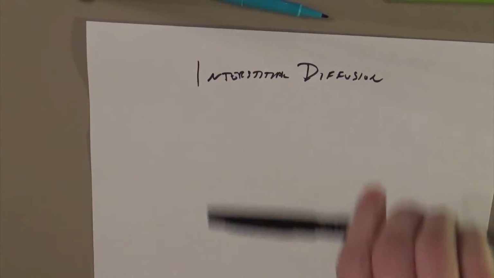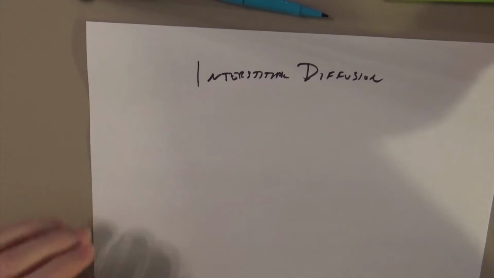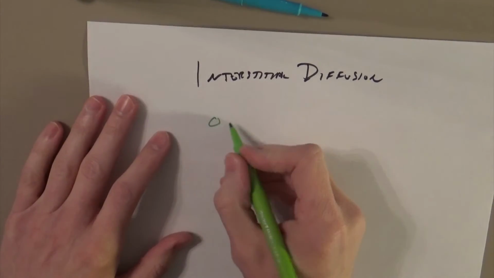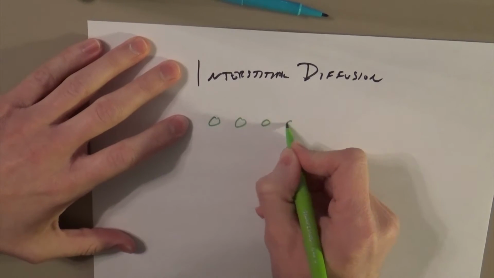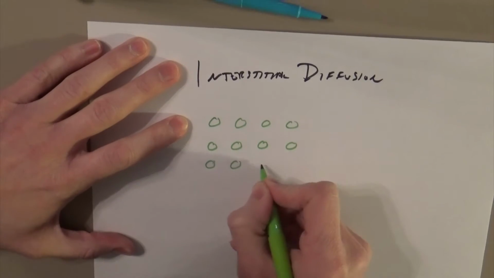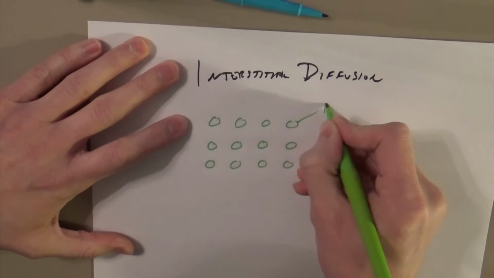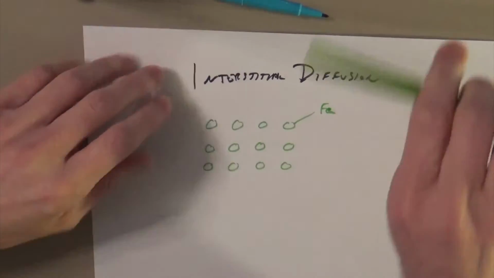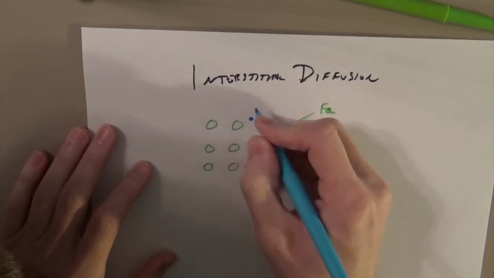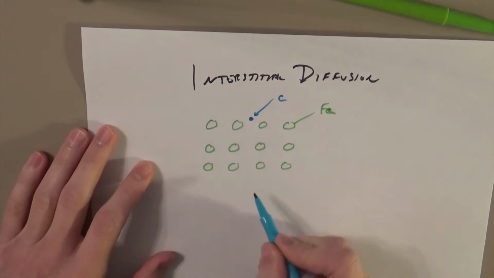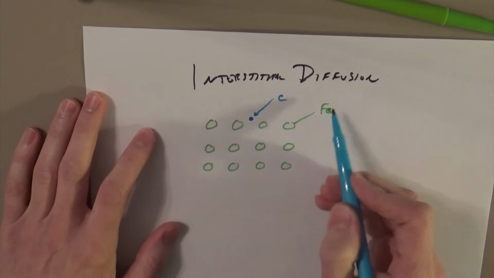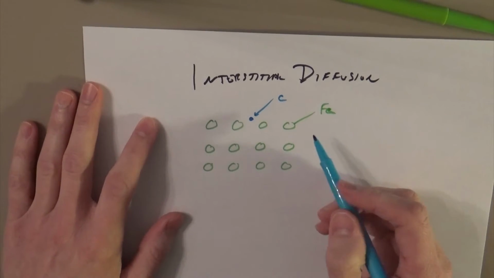Right? And this is what you have in the case of, say, carbon diffusing in iron. So the case of steel, right? Let's draw our iron atoms as green, and then say we've got carbon, which is smaller, right? Because it's higher in the periodic table, it doesn't have d states, whereas iron has all those d states out there.